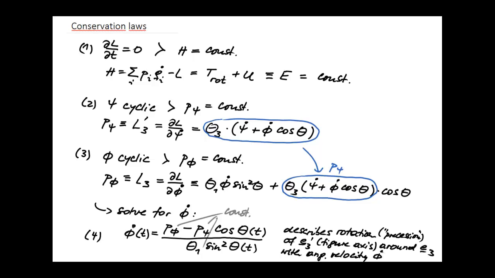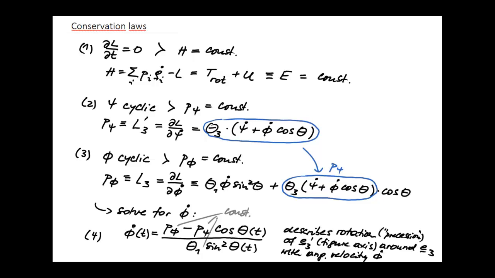And here already note an important difference to the free symmetric top. In the case of the free symmetric top, the figure axis precesses around E3, which coincides with the angular momentum axis. We chose the inertial frame in the case of the free symmetric top such that the axis spanned by E3 coincides with the angular momentum axis, which is a constant of the motion.